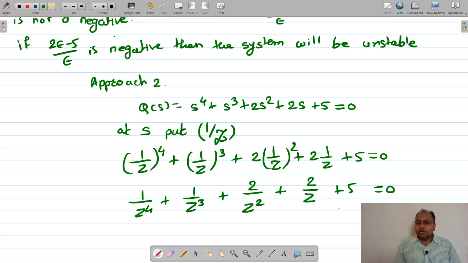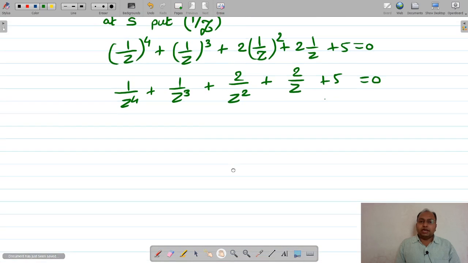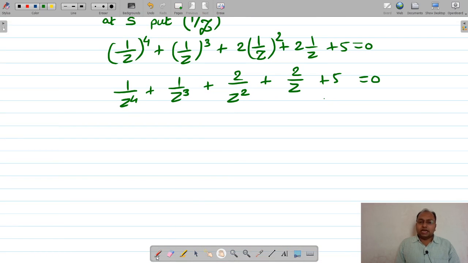Now we need to make the denominators common. Ultimately we need to make the denominator z raised to 4, because the highest power of z is z raised to 4. Everywhere the denominator must have z raised to 4. So I can have 1 divided by z raised to 4 plus z divided by z raised to 4, because we have multiplied and divided by z in this term.